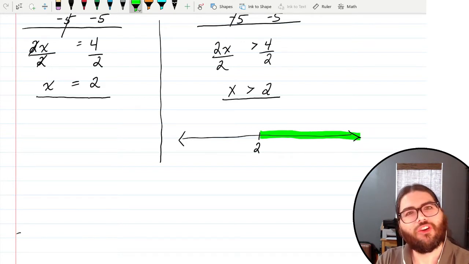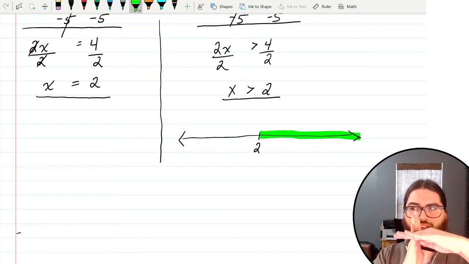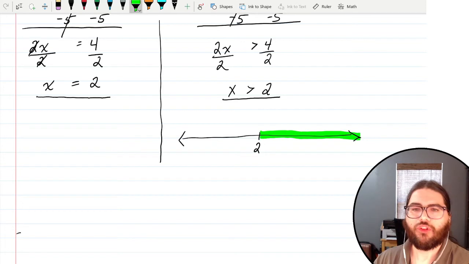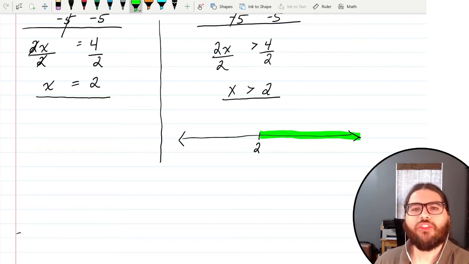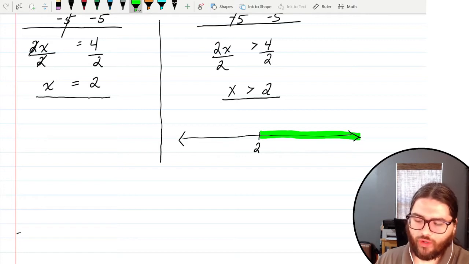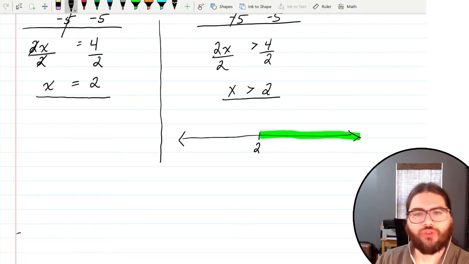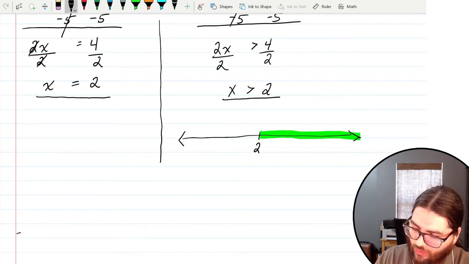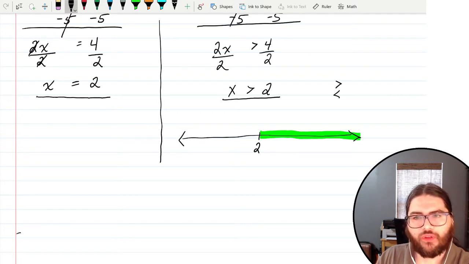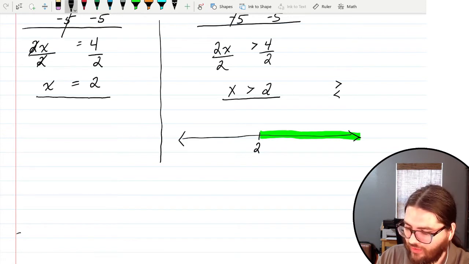I know it seems weird to call this a graph because it's not the kind of graph you're used to. But this would be a graph for one variable. When I make this kind of graph, I do have to note one thing. Am I allowed to use exactly 2 or not? It depends on the inequality sign. Inequality signs which do not have an equal to with them, these two on the left, are greater than and less than signs.